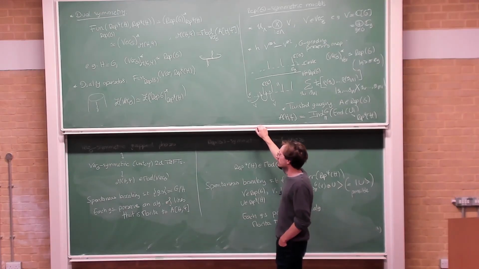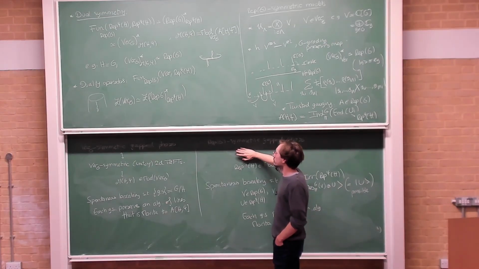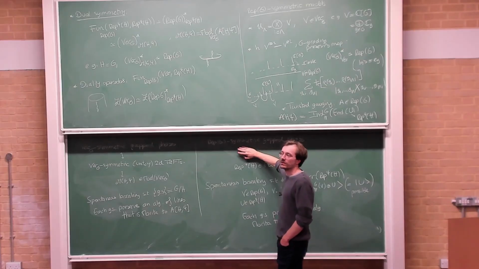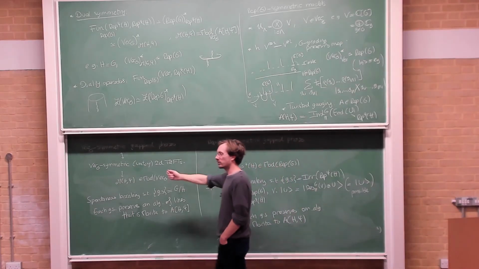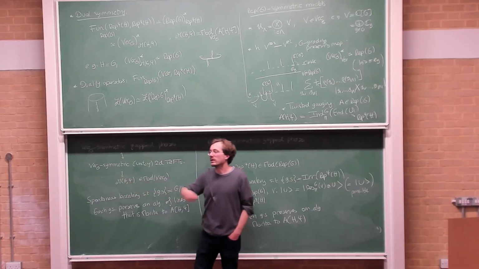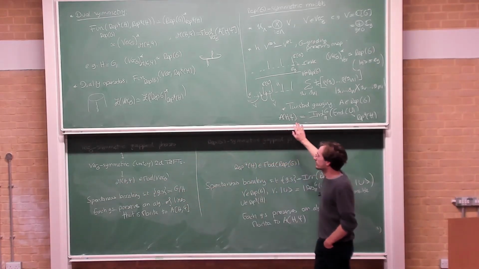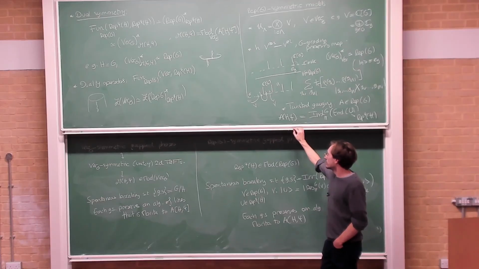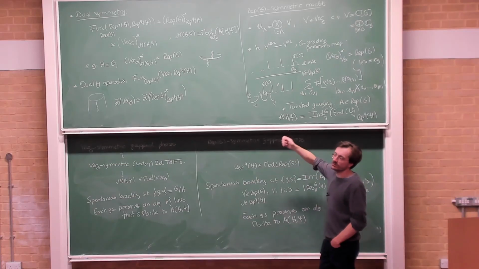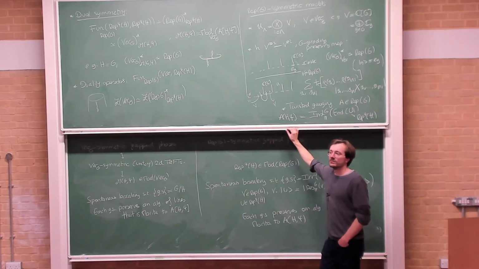But then if you want to classify gap phases by module categories, that's not okay anymore. Because if you have things that are connected by a real parameter, they should all be in the same gap phase. So the idea in that case is that all these module categories that are part of the same path would correspond to the same gap phase, probably.